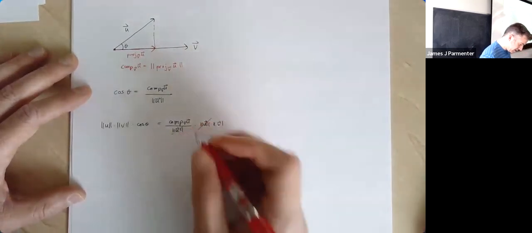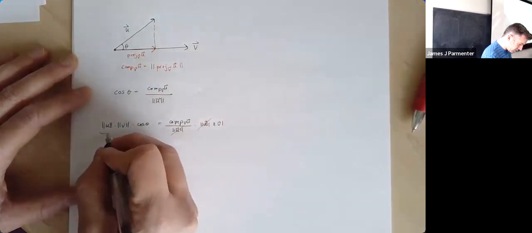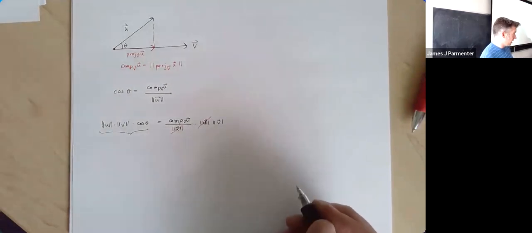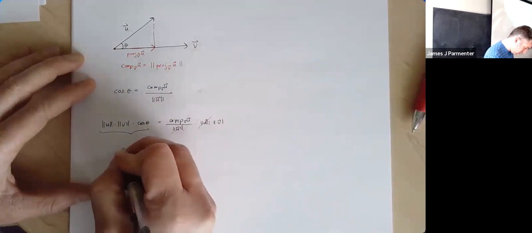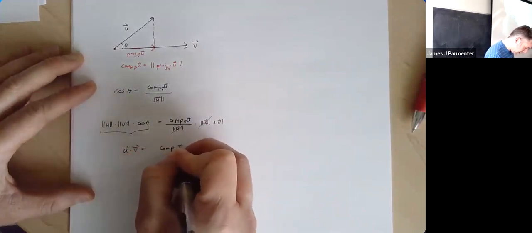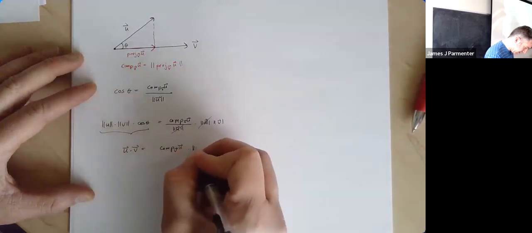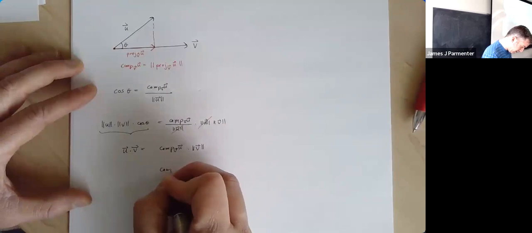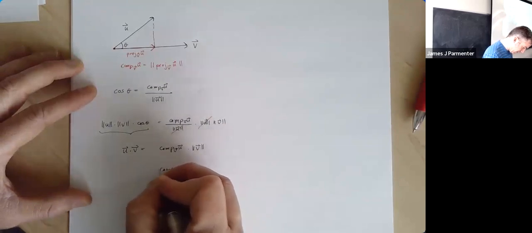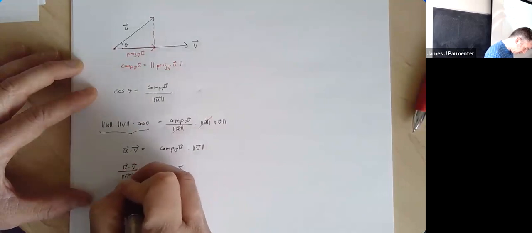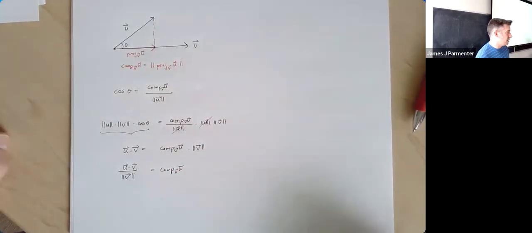These cancel. This is equal to u dot v, because it's the magnitude of u times the magnitude of v times cosine of the angle between them. So you have u dot v equal to the component of u onto v times the magnitude of v. Dividing by that, we end up with the component of u onto v equal to u dot v divided by the magnitude of v. That's why we do it that way, because it works out relatively nicely.